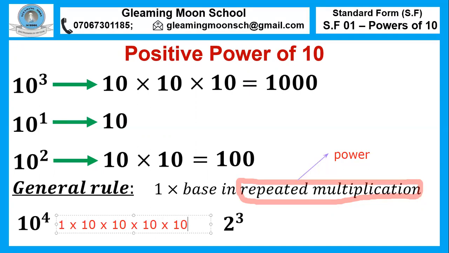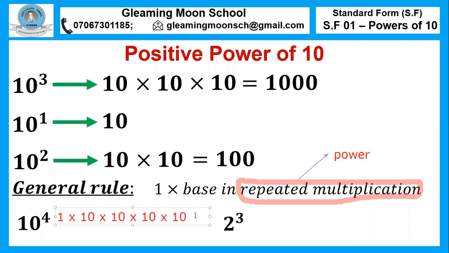Can you see that? So we have 4 tens here. And if we have 4 tens, what is that going to give us? So 1 times 10 already is 10. Okay, so 10 times 10 is 100. 100 times 10 is 1,000, and 1,000 times 10 will give us what? 10,000. So your answer is 10,000.